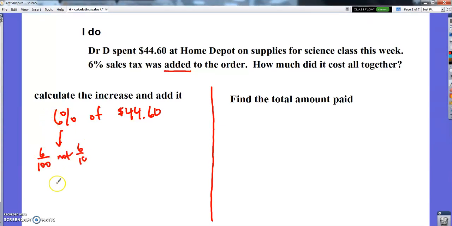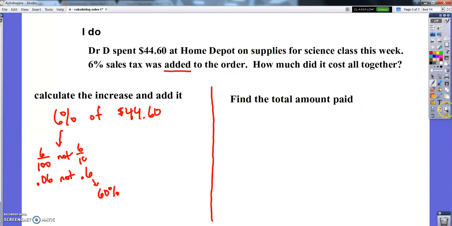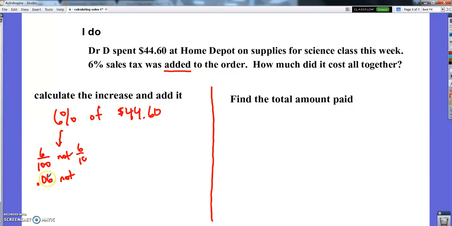So when I write this as a decimal, it's going to be 6/100ths, not 6/10ths. This is 60%, and I do not want to calculate 60% sales tax. So a big, easy mistake to make is to convert this to a decimal the wrong way, and so make sure you don't do that.